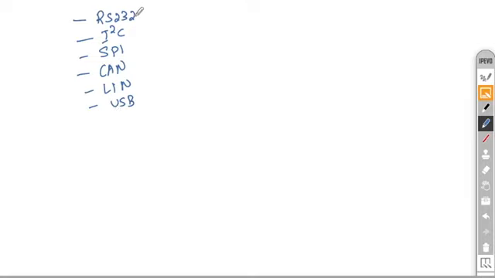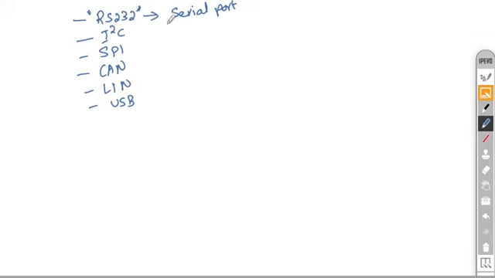Here, the RS-232 is widely called the serial port because it is the initial serial communication protocol developed. So for any microcontroller or development board, when they refer to serial communication or serial port, it refers to the RS-232 protocol.